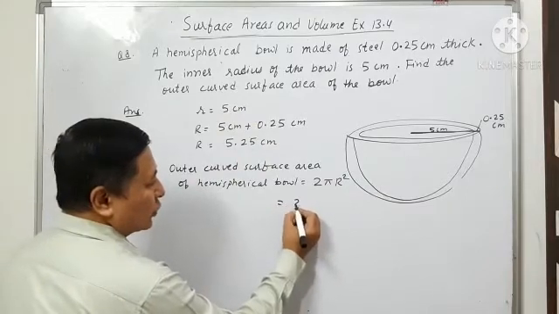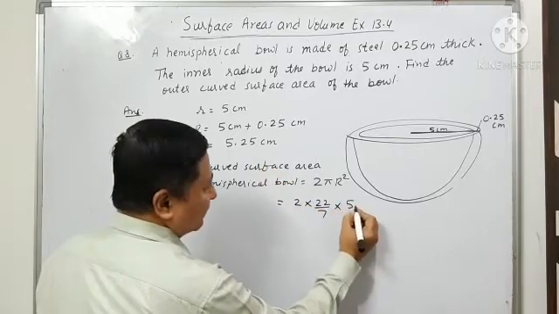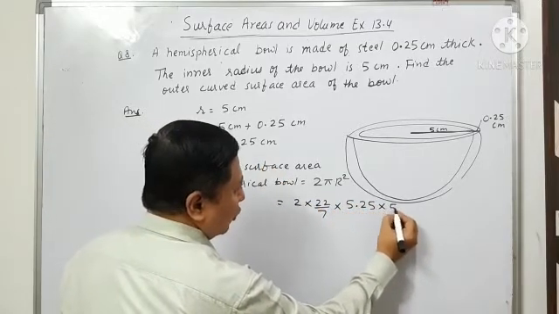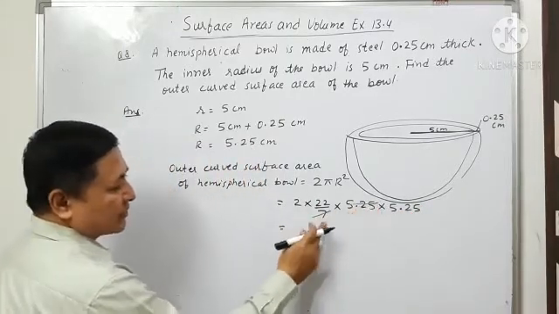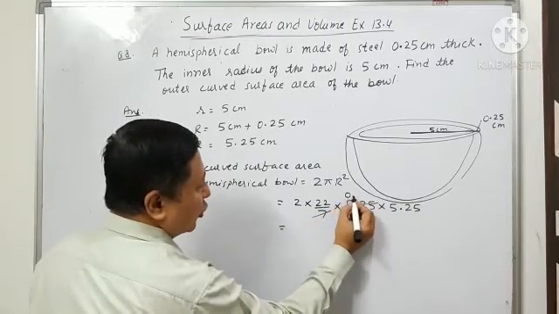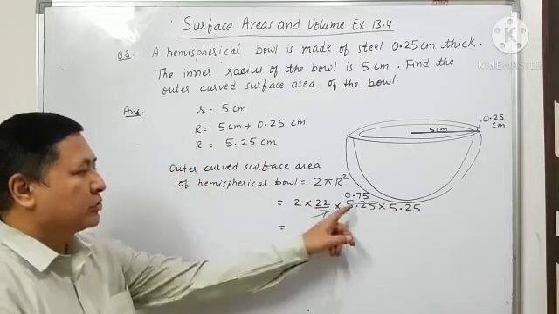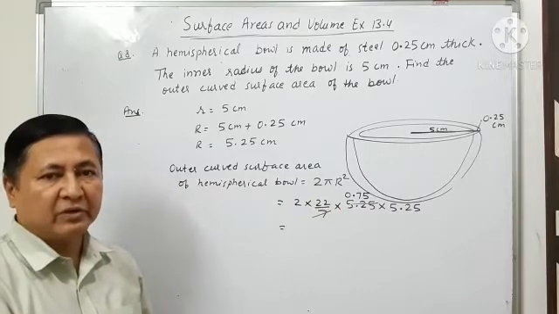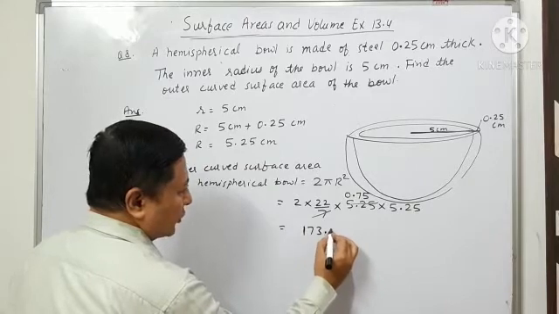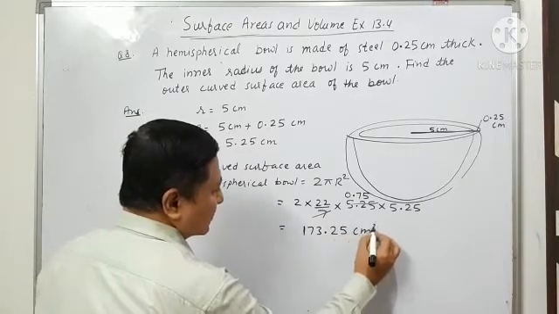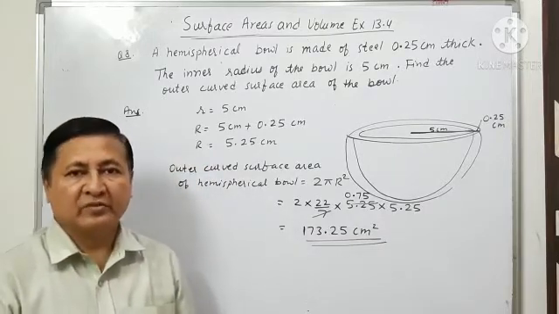Now let us put the value: 2 into 22 upon 7 into 5.25 into 5.25. Now let us solve this. We cancel 5.25 by 7, so it becomes 0.75. So 2 into 22 into 0.75 into 5.25, when we multiply this, we get the answer 173.25 centimeter square. So the outer curved surface area of the hemispherical bowl is 173.25 centimeter square.